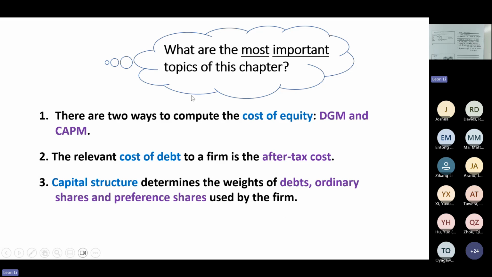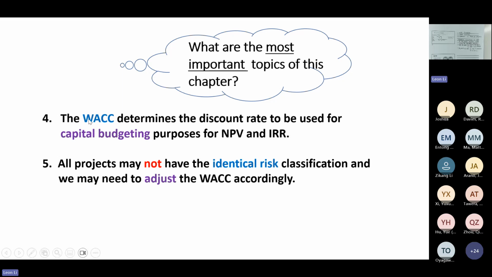After we have cost of equity, cost of debt, and the weights, the final step is to compute the WACC. The weight is important because it determines the discount rate to be used for capital budgeting purposes, for NPV and IRR.